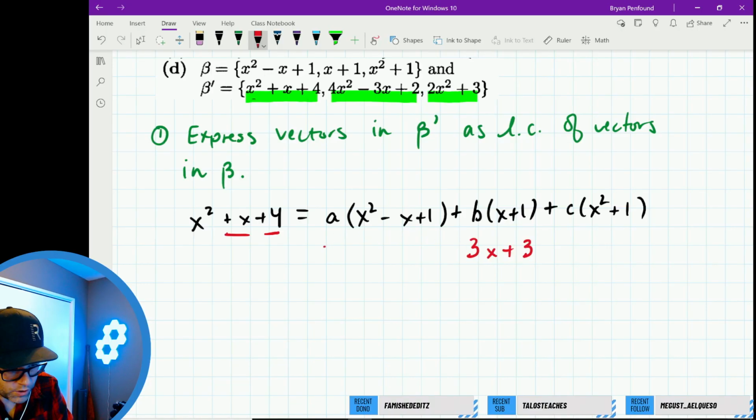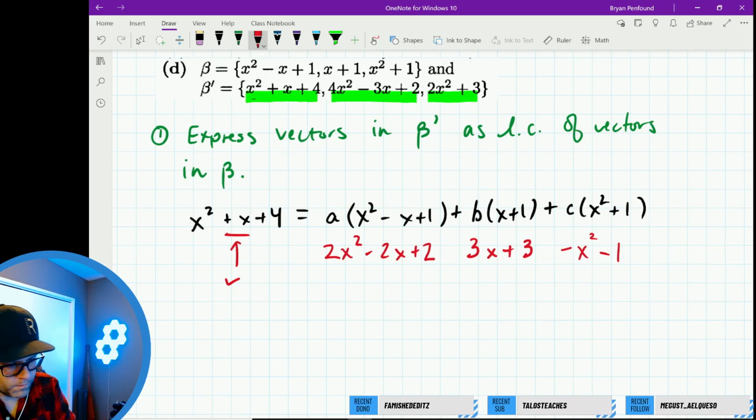So if A was 2, that would subtract the necessary x's to get this one, right? So now we have that one in place. C would then have to be -1. So if C was -1, that would give us the single x squared that we want. And then we'd have 3 plus 2 minus 1, which would give us the 4.